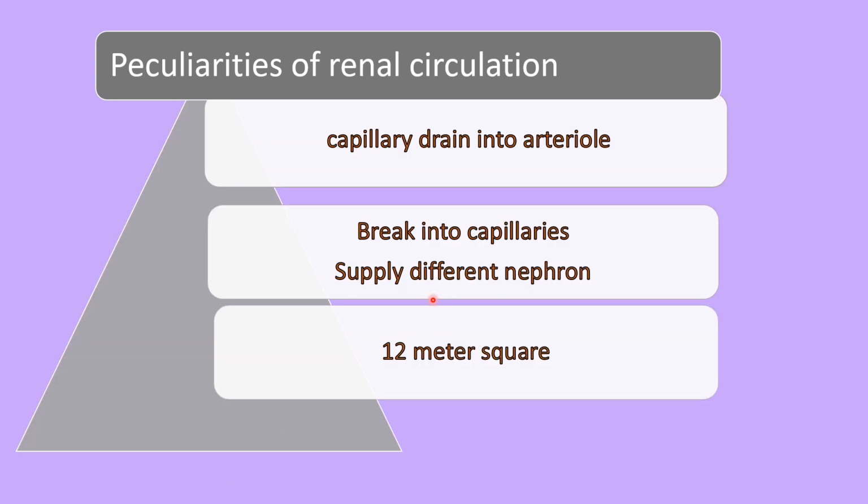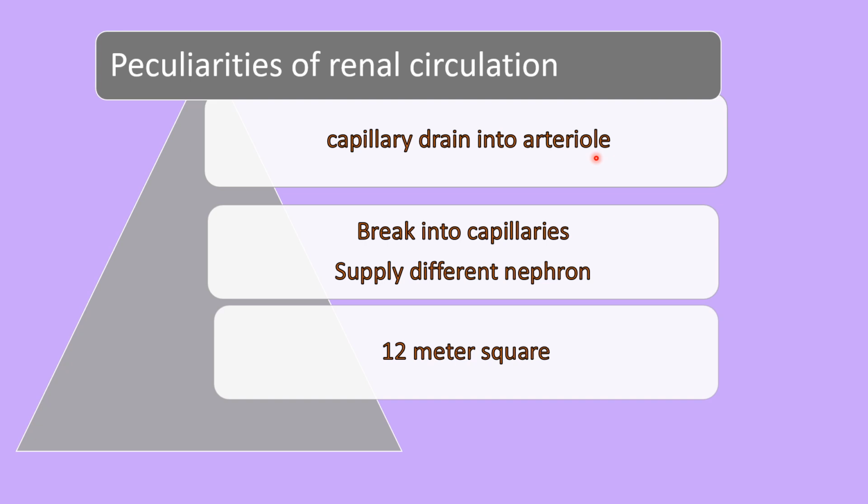The peculiar features of the renal circulation: only in the renal circulation does a capillary drain into an arteriole. Usually capillaries drain into the venule. In the renal circulation, the afferent arteriole drains into the capillary, which drains into the efferent arteriole.